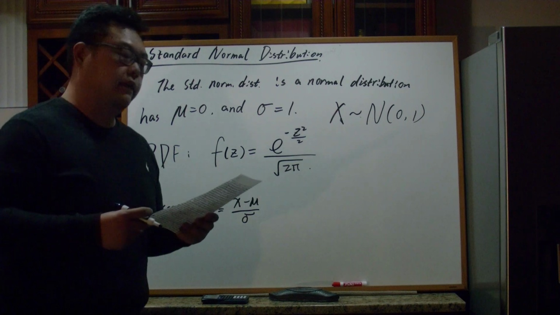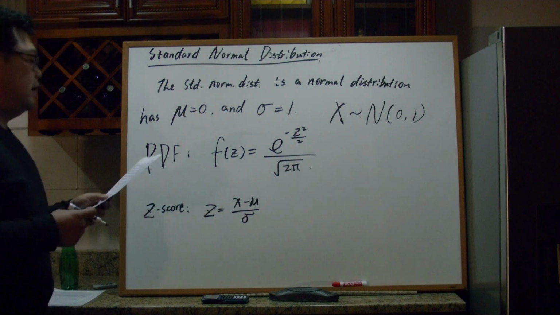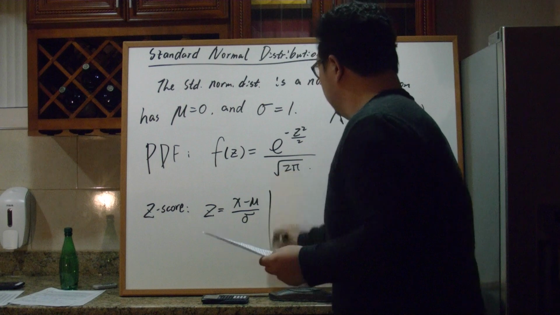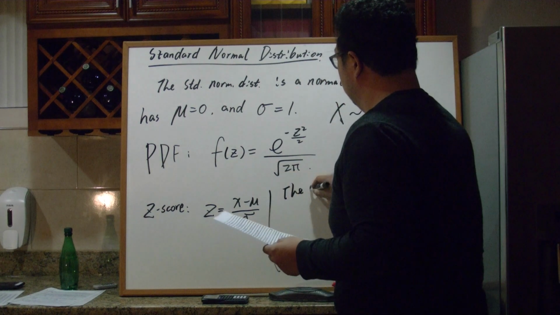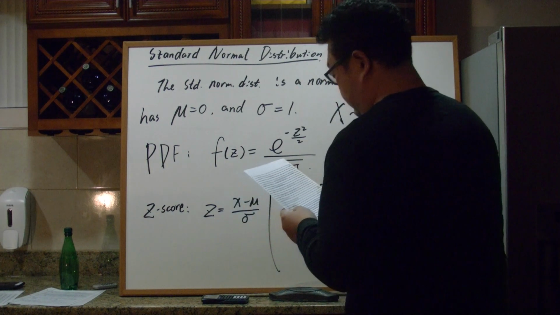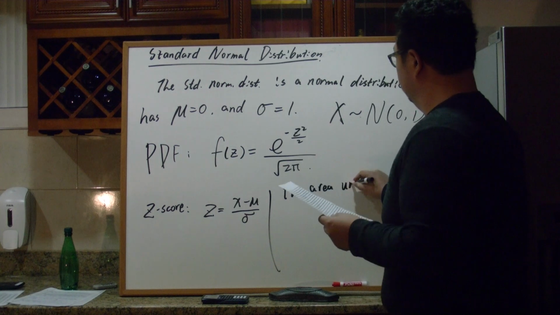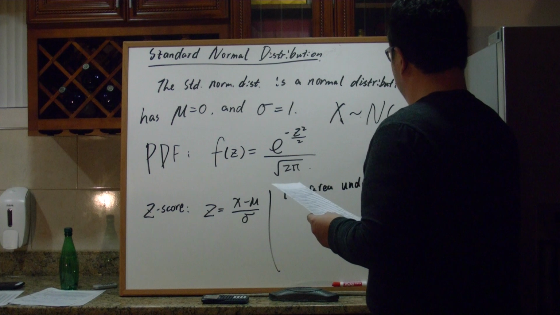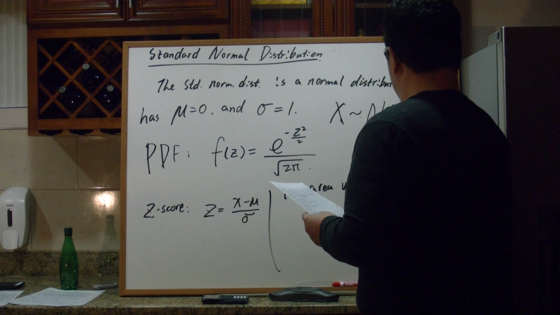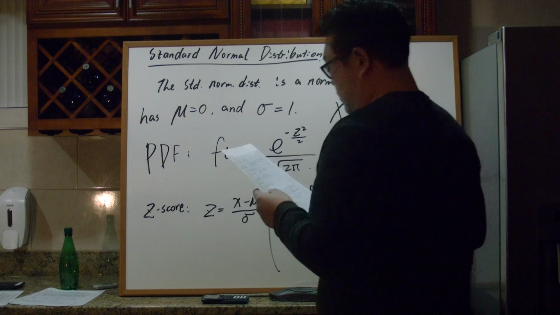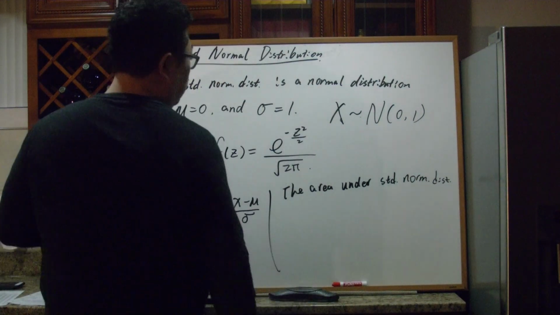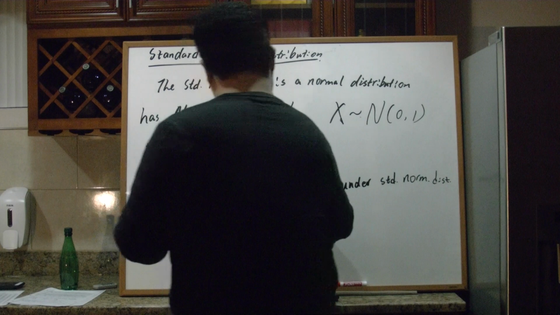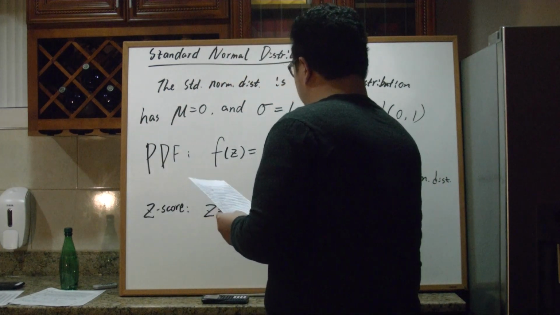What we have here is table A2, from which the area under the standard normal distribution can be found.